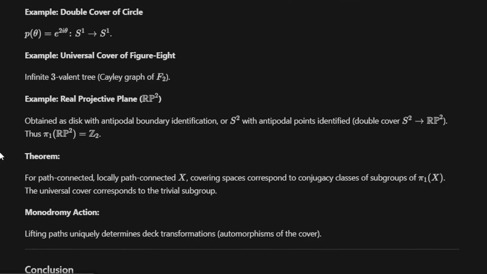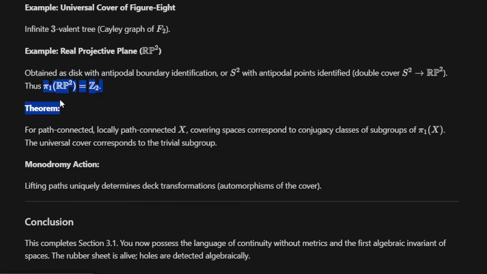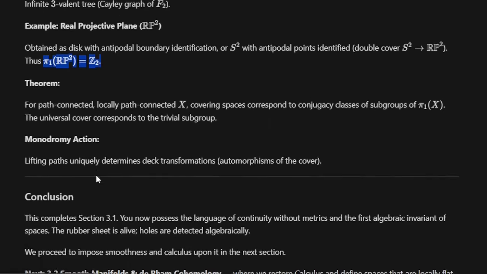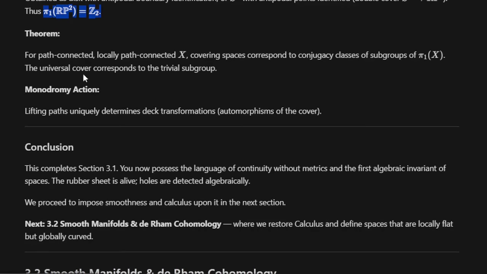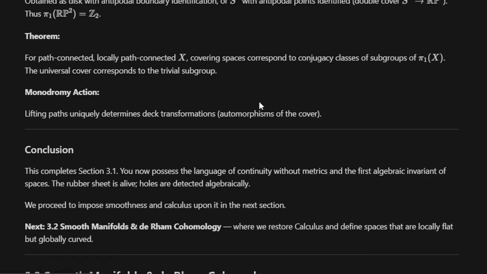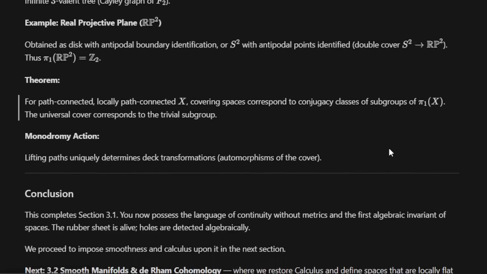And that allows us to describe the fundamental group of this mapping. For a path-connected, locally path-connected topological space, covering spaces correspond to conjugacy classes of subgroups of the fundamental group. Okay, and the universal cover corresponds to the trivial subgroup.